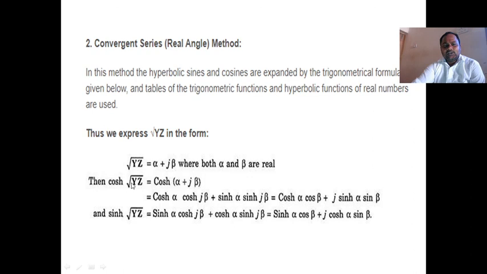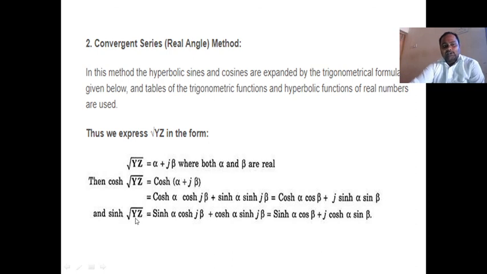For cosh root yz, we replace root yz with alpha plus j beta. The cos a plus b formula we know is cos a cos b plus sin a sin b. So we get the standard formula cosh alpha cos beta plus j sinh alpha sin beta.